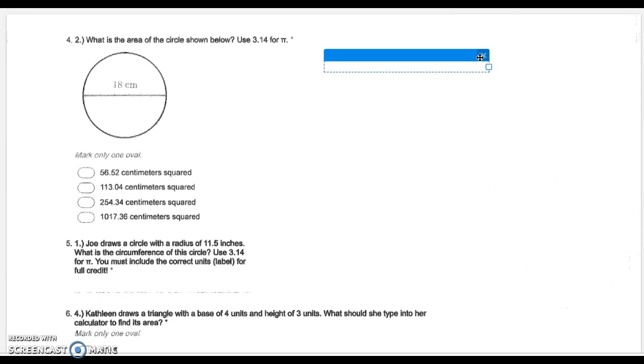squared. So if we say area equals, and instead of pi, we'll do 3.14, and radius squared in this case would be 9 squared, so essentially you're multiplying 81 times 3.14, which would be 254.34 centimeters squared.